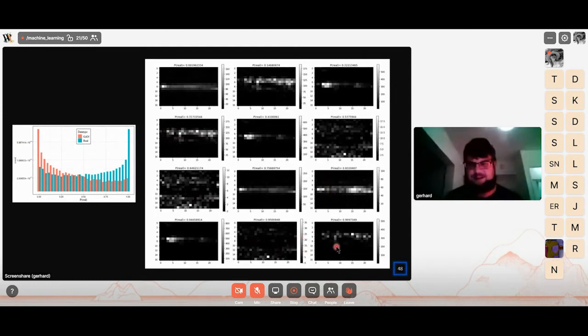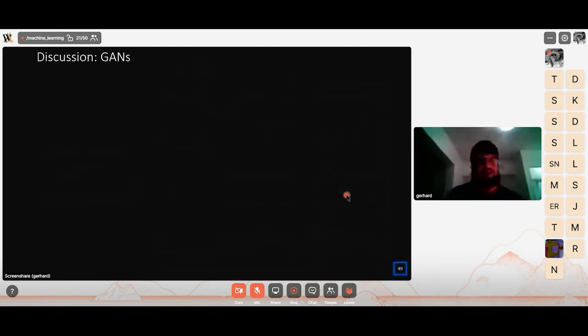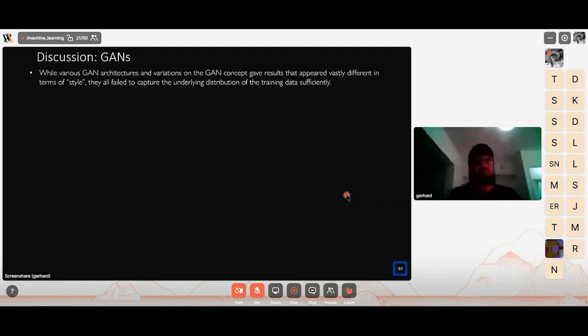Also the data was very messy. The images it produced weren't very crisp, but you still got some samples which were quite hard to distinguish from true data. So it did quite well, but still not my favorite setup.